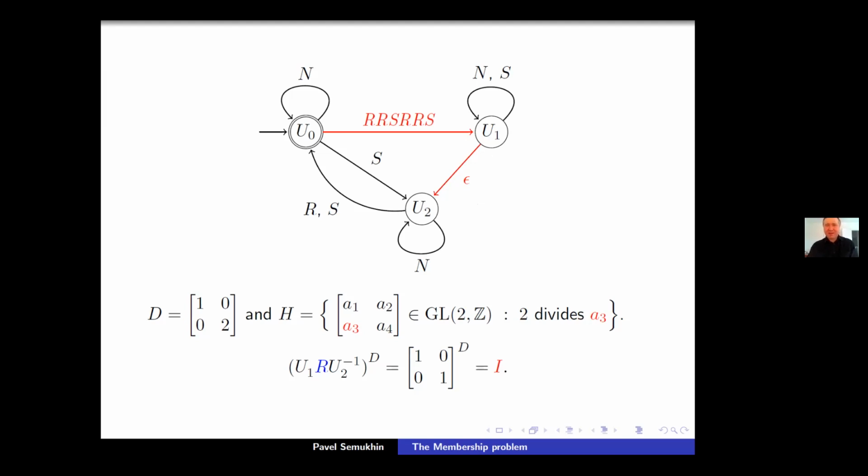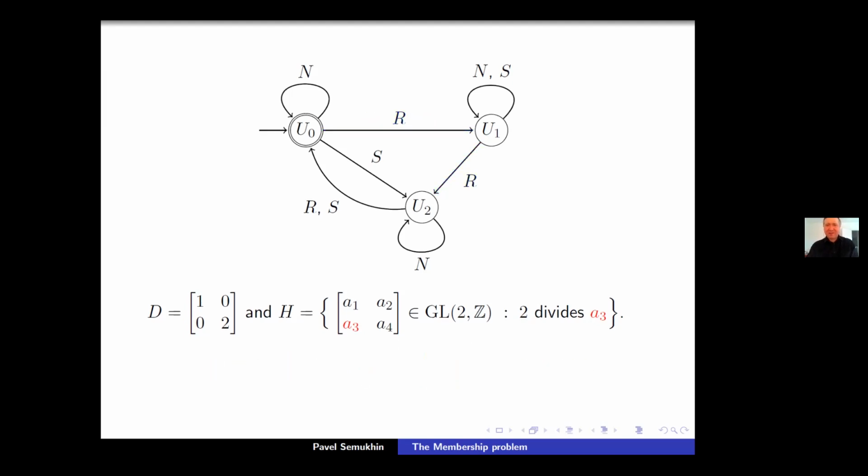Let me recall that this was the original automaton. Remember that ideally we would like to replace these labels R with R conjugated with D, to obtain the automaton which recognizes the conjugates of elements from H in this case.